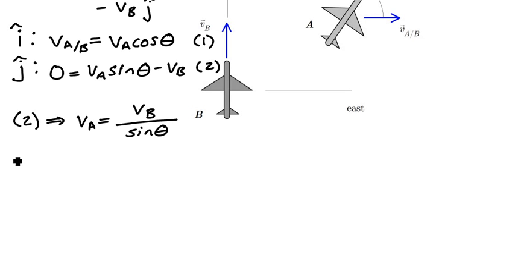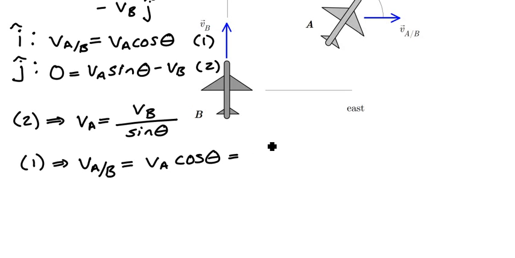I can then substitute that into equation 1 to get the speed of A as seen by a passenger on plane B, the second quantity we're asked to find. In this case, it's going to be VA times the cosine of the angle theta, which of course ends up being VB times the cosine of the angle theta divided by the sine of the angle theta.